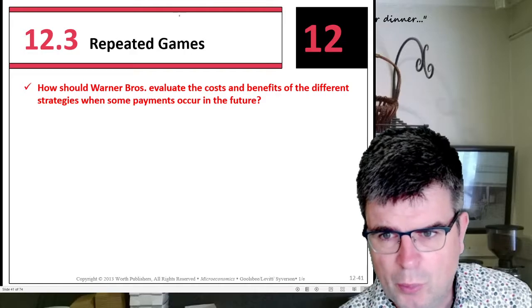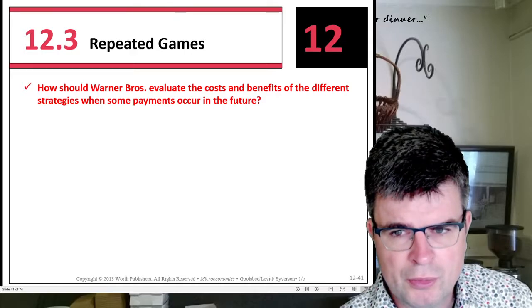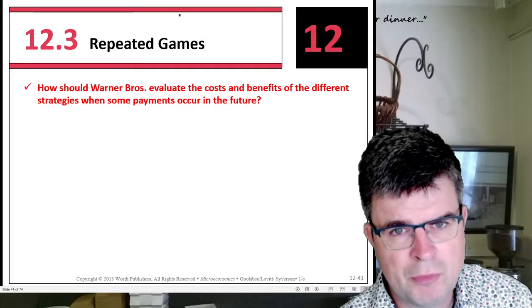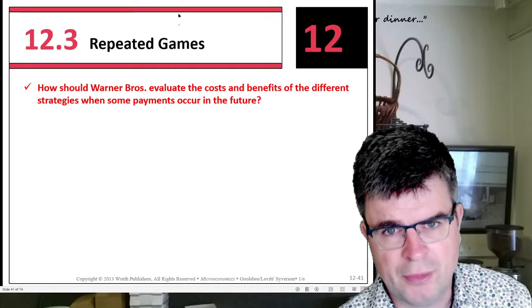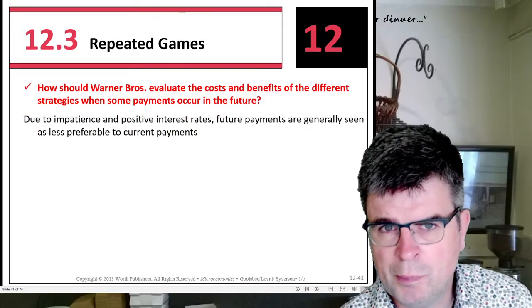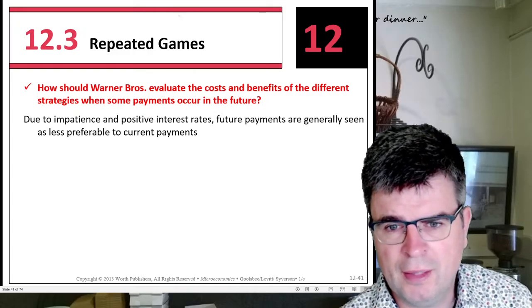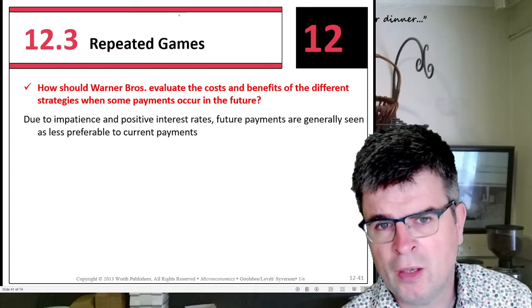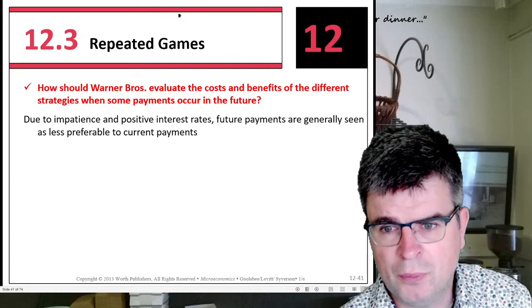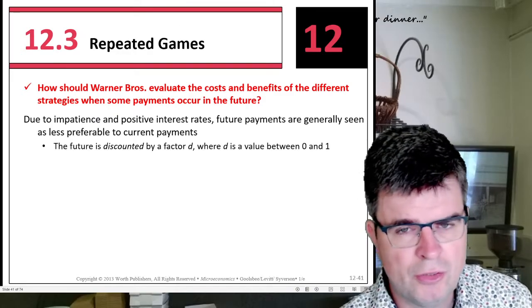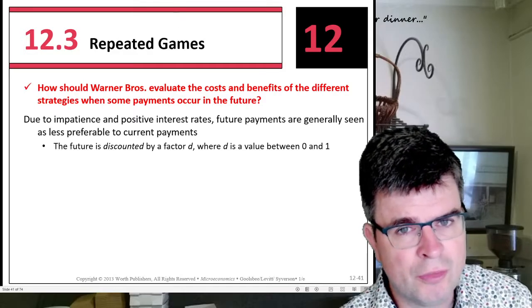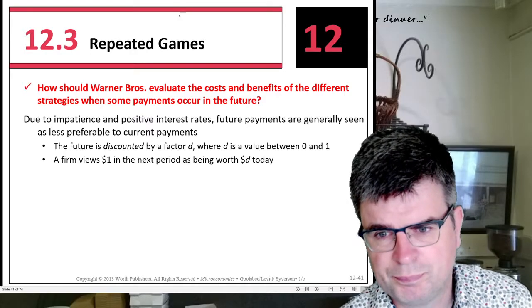Now suppose that we are Warner Brothers. How should Warner Brothers evaluate the costs and benefits of cooperation when some of the payments occur in future periods? We will discount future payoffs because there's an interest rate and there's impatience. $1 in the future is generally observed to be less valuable than $1 today. So we discount the future by a factor D, where D is a value between 0 and 1.